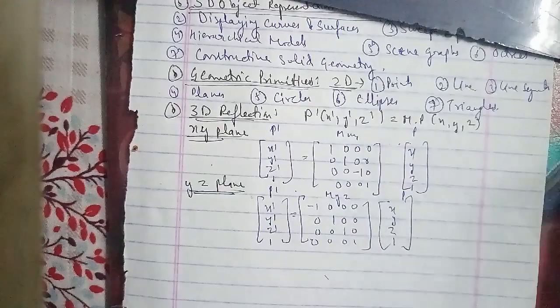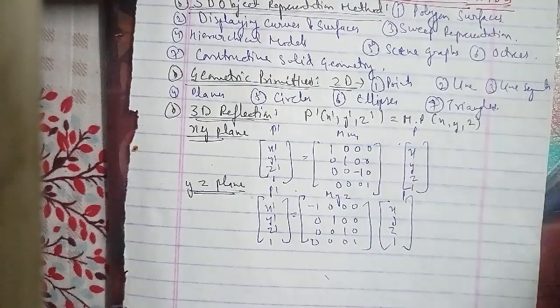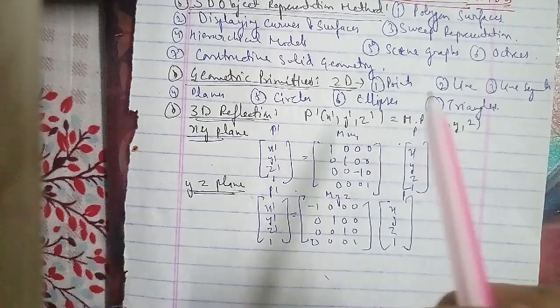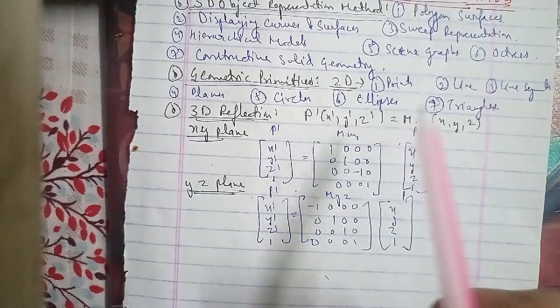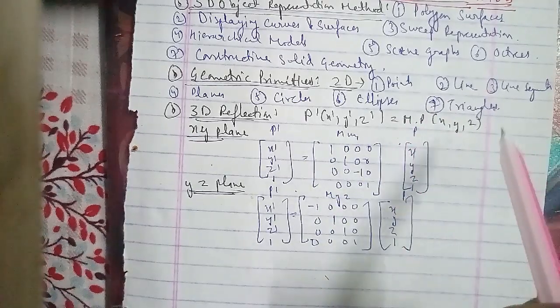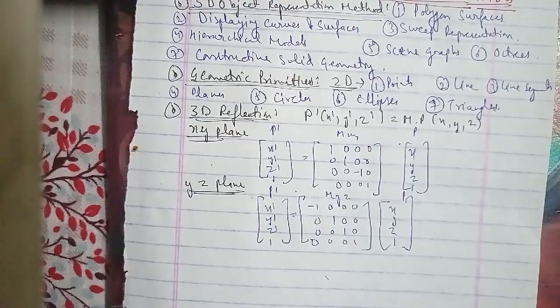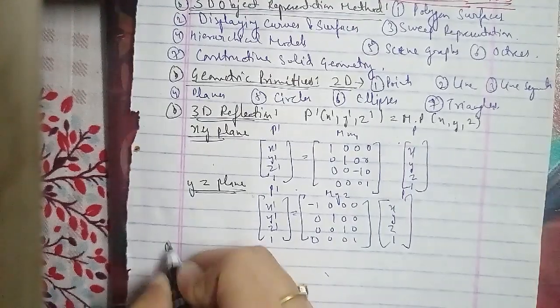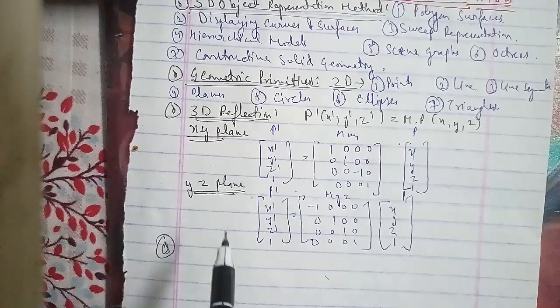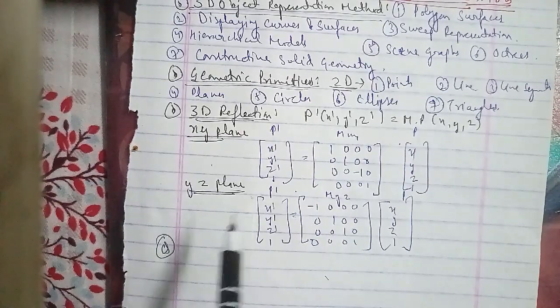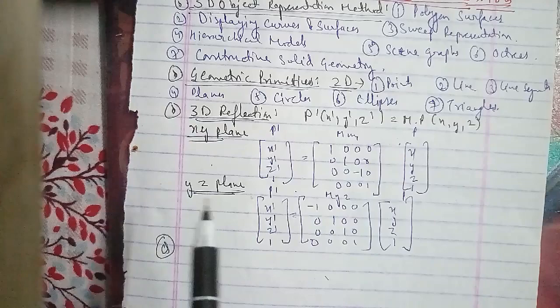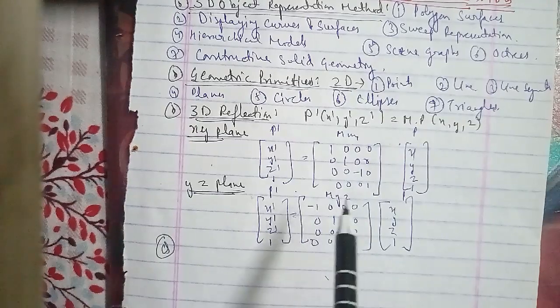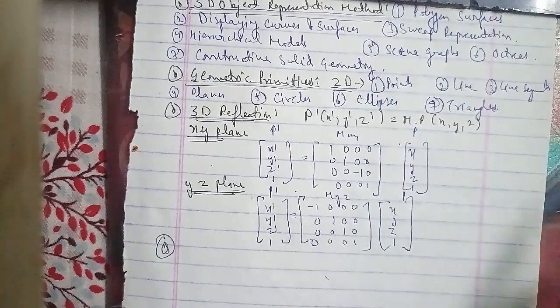Now we'll talk about the other question, which is to give the matrix representations of the rotation about the x, y, z coordinate axes in a 3D transformation. I repeat the question: give the matrix representation of the rotation about the x, y, z coordinate axes.